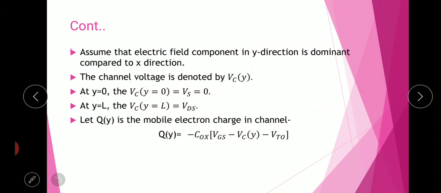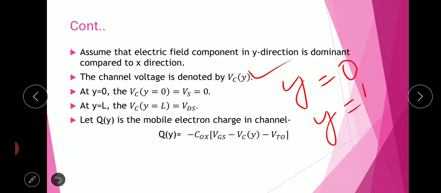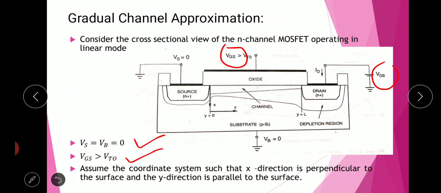Next, the channel voltage is denoted by Vc of y. Here we consider two boundary conditions, that is y equal to 0 and y equal to L. The channel voltage when y equals 0, meaning y equal to 0 is the origin point, which is at the source terminal.